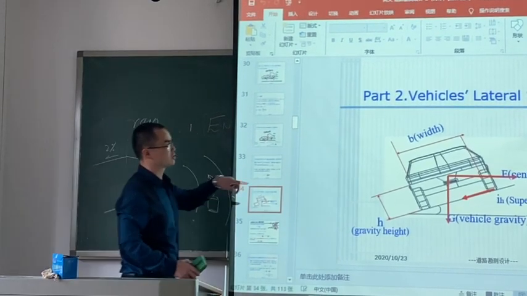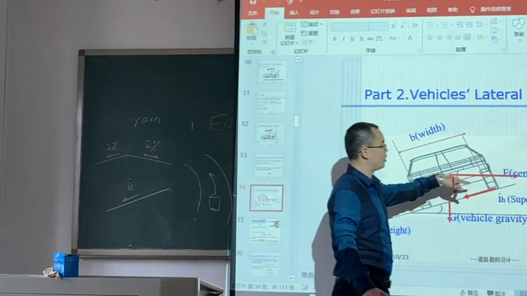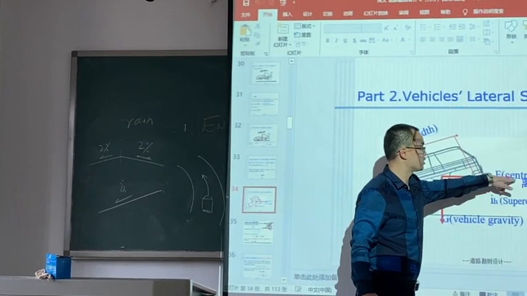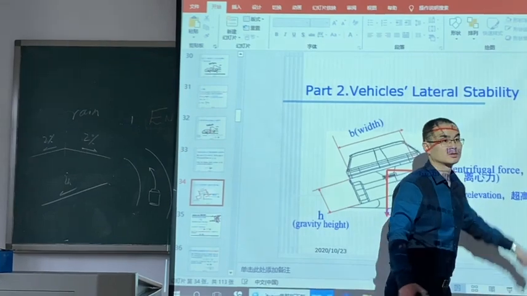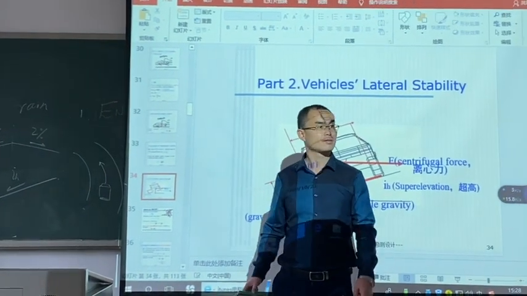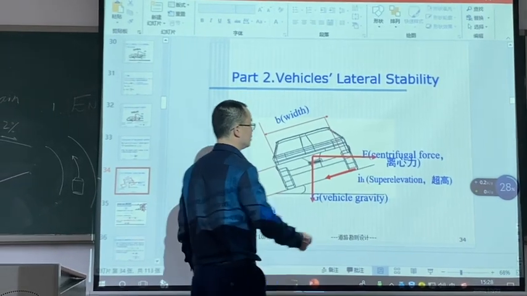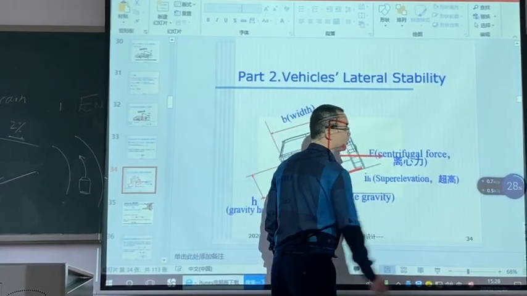This force is in the reverse direction of centrifugal force. Centrifugal force.